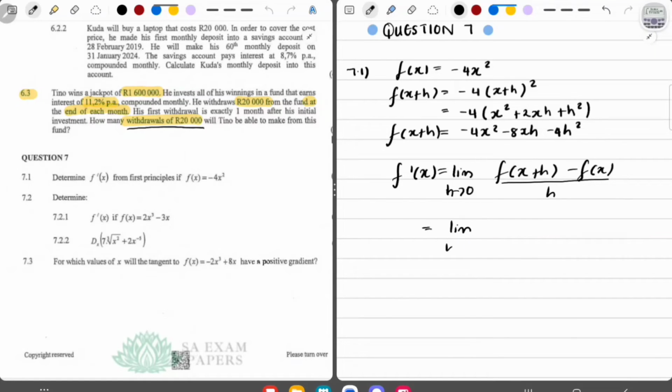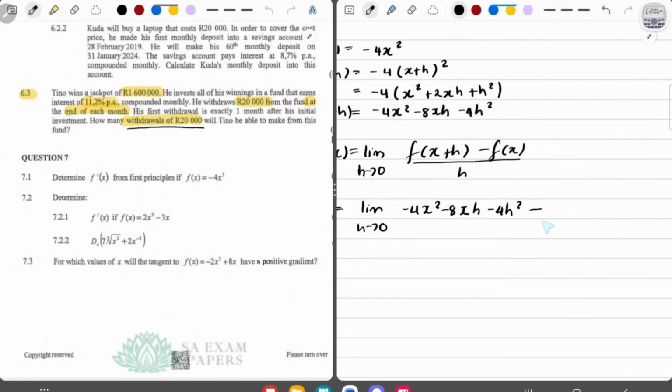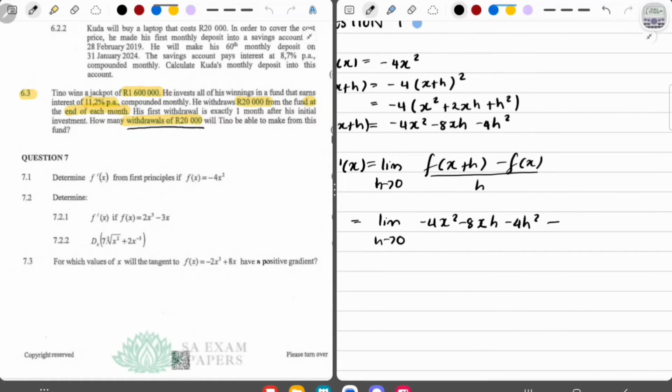So the limit as h approaches 0, then we have f of x plus h, which is negative 4x squared minus 8xh minus 4h squared. Then we're saying minus. Now, I will still just include this part, but you will just notice that whatever f of x is, the signs that you have there will just change. But it's okay, I'll just work it out just in case there's a mark allocation for actually substituting like that.